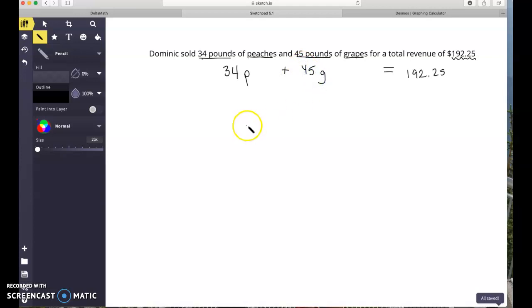We can easily write what that sentence means as an equation just by looking at keywords. "Of" typically means multiply, and the word "and" typically means addition, right? "For a total" usually means all together, so equals, and then our final number over on the other side.